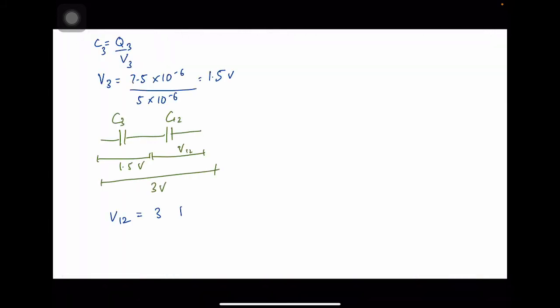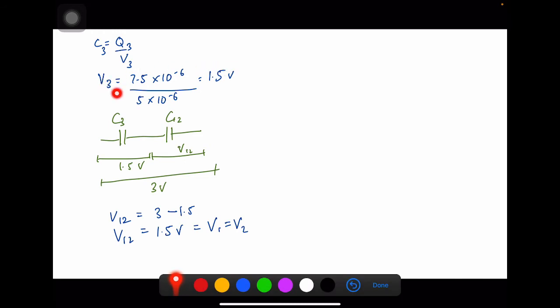Find the V3, you get 1.5 over here. Once you get 1.5, that one represents the voltage difference across the C3. Because if you have a potential across a capacitance in series, you can simply subtract that one and you get this part.